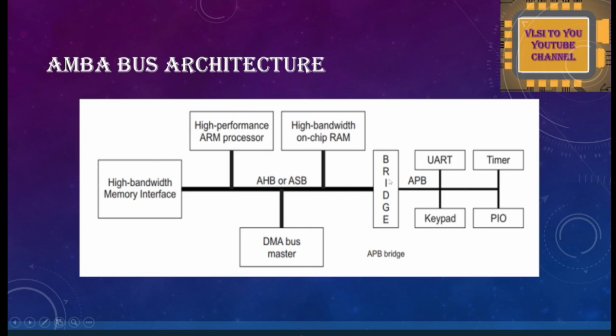Now if you take some PIO or keypad into consideration, then the bridge is going to be its master, because the bridge is giving the instructions to the keypad. So if you are taking the high performance devices, then the bridge is the slave. And if you are taking the low performance devices like keypad, timer, the bridge is their master, and these are the devices which are the slaves.